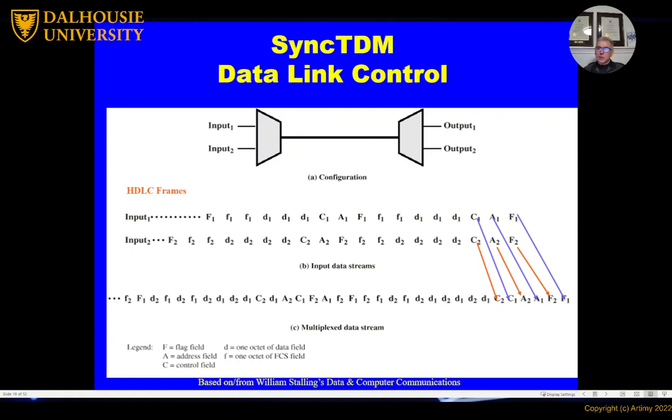If we have 6 or 10 or 20, then we will have F1, F2, F3, F4, and so on, and then A1, A2, A3, and so on. It depends on the multiplexing size. So it's not always 8 bits. It could be 20 bits, it could be 15 bits, it could be 100 bits. It depends. But this is just an example where the multiplexing is 8 bits at a time.